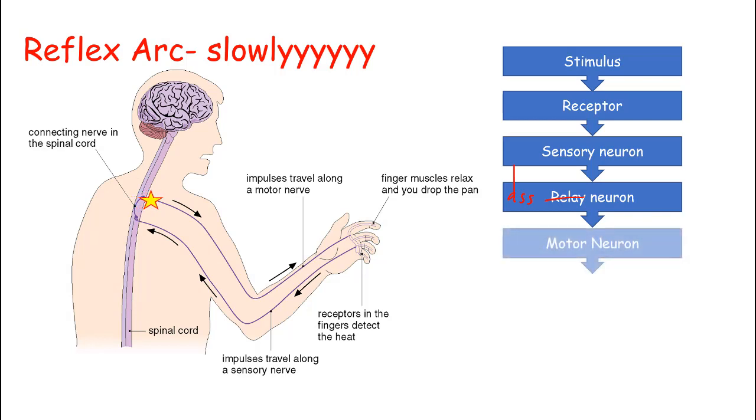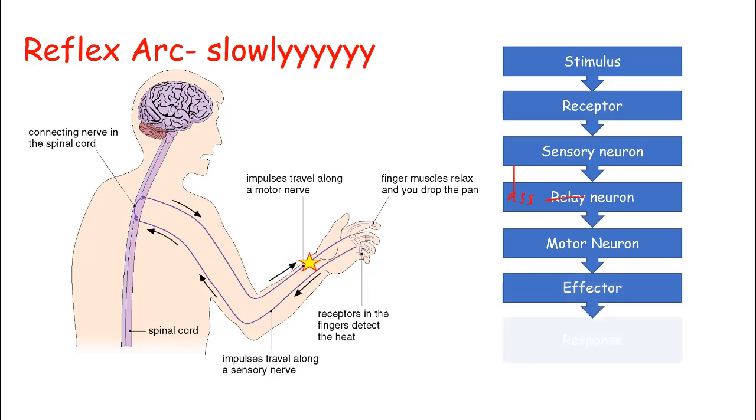It then travels from the association neuron to the motor neuron, which travels down to the effector. And then the effector, which is the muscles, contract, release the pan, and that's your response.